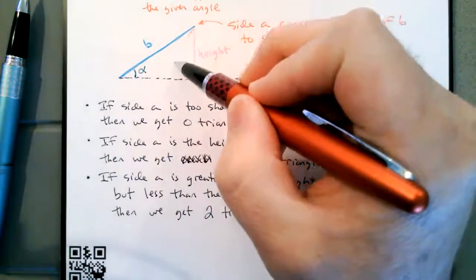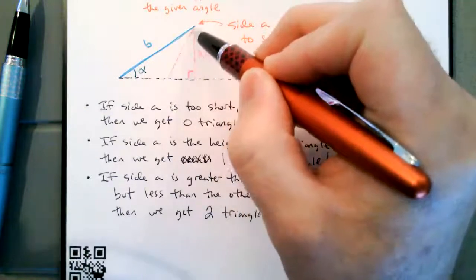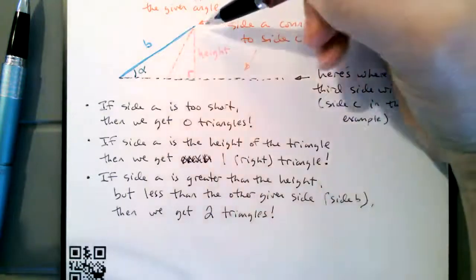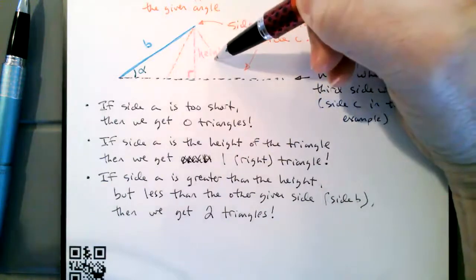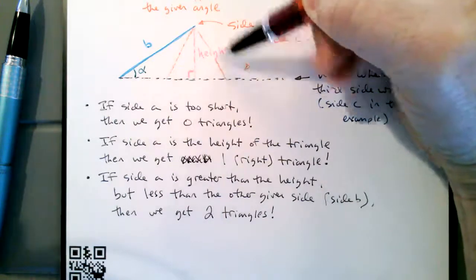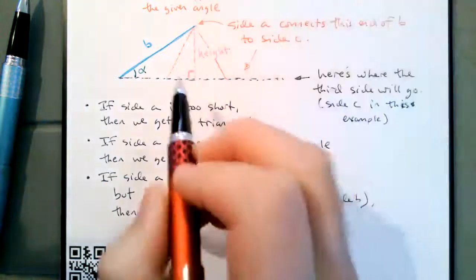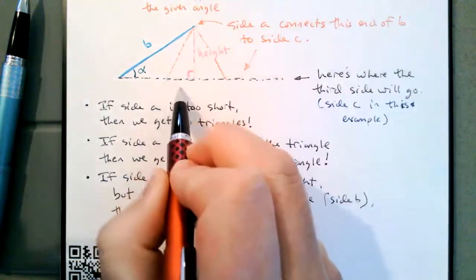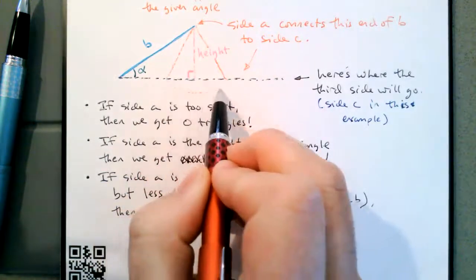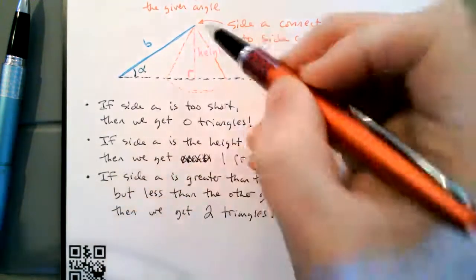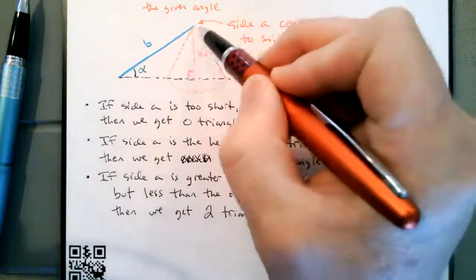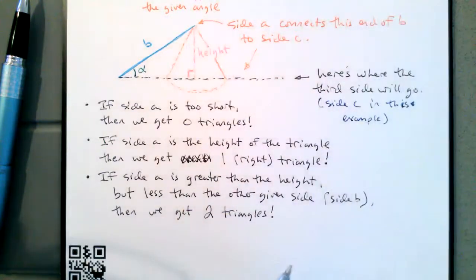One over here, and one over here on the other side. And I can just imagine swinging a compass between those two. So that's what the two triangles case would look like. So that means we have two triangles that we have to solve.